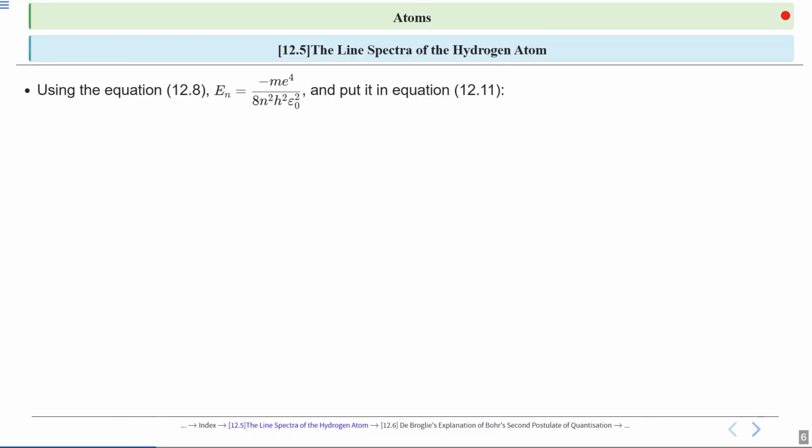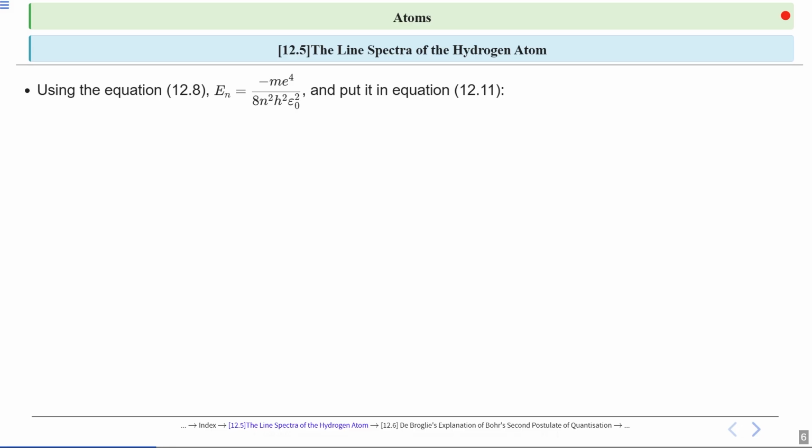Let's start by looking at how we use the energy level equation for atoms. The equation 12.8 shown, En equal to minus m e raised to power 4 upon 8 n square h square epsilon naught square, gives the energy of an electron in the nth orbit of a hydrogen atom.